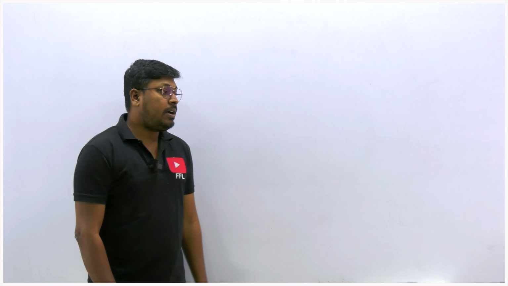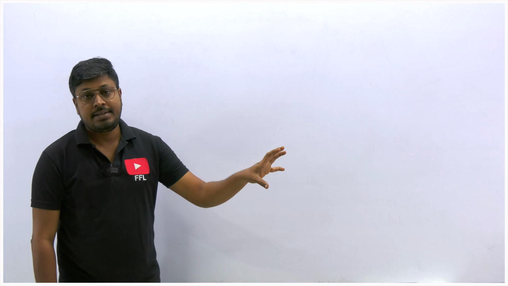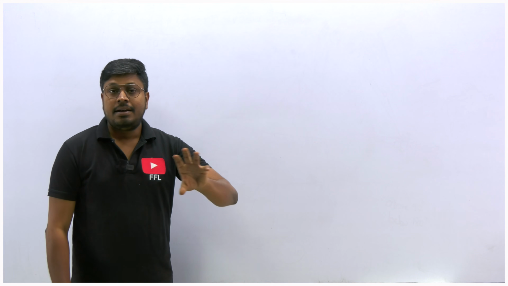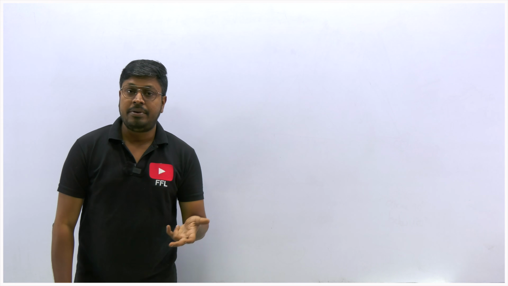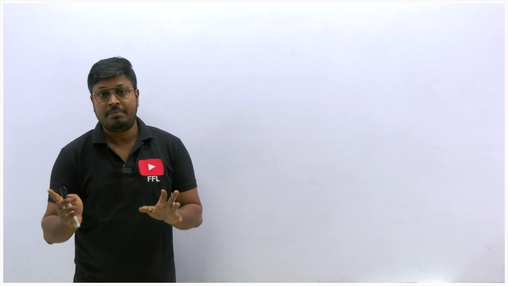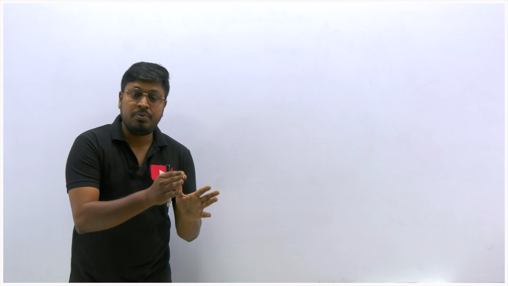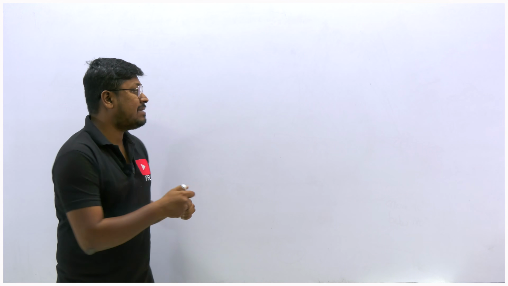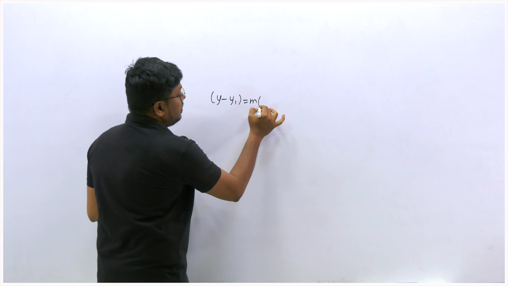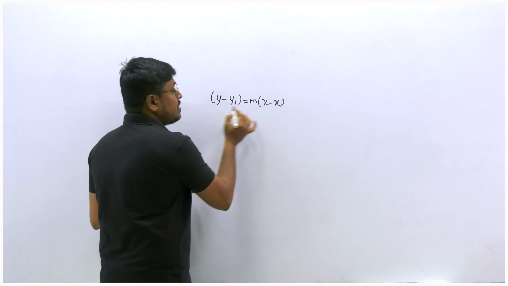Before solving a question based on coordinates, one thing you need to understand is that if you take any other author's quantitative aptitude books, each author will solve the coordinates of a circumcenter using a different formula. Some authors will use the formula y minus y1 equals m into x minus x1.